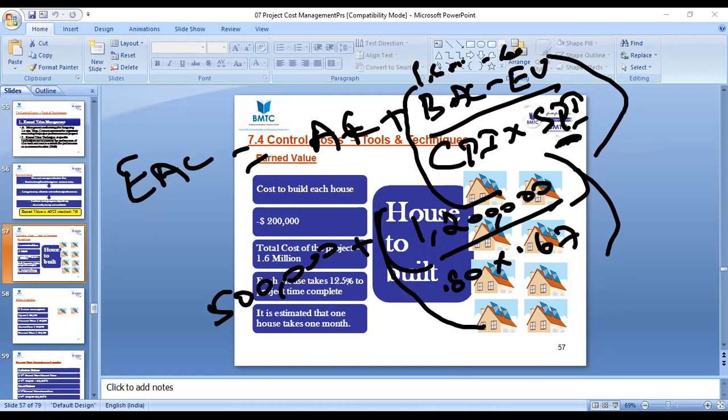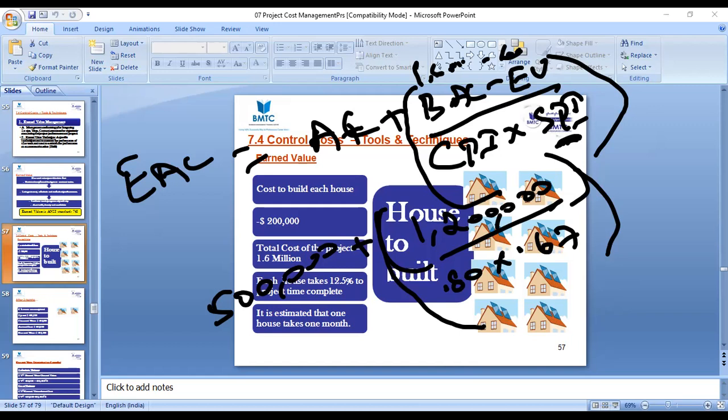And here, they're asking you to predict, if you bring the schedule performance inside as well, multiplying with the CPI, what is our new number for project completion? What is our new EAC? Give me the answer, guys.